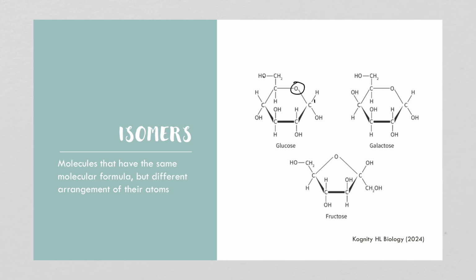So this would be carbon 1, this would be carbon 2, this would be carbon 3, this is carbon 4, 5, and then 6 points up at the top. Over here in galactose, same thing. So this is carbon 1, 2, 3, 4, 5, 6.